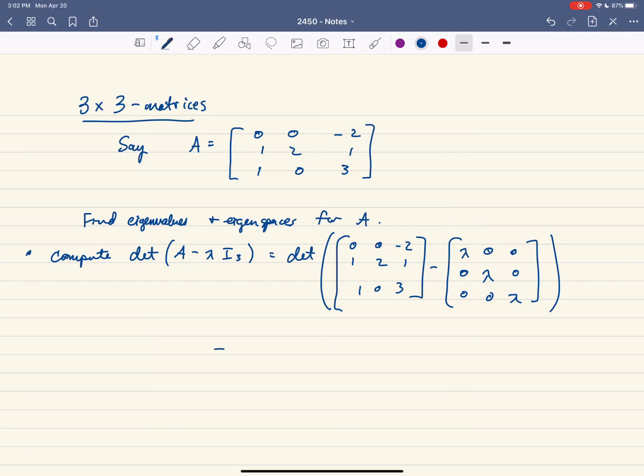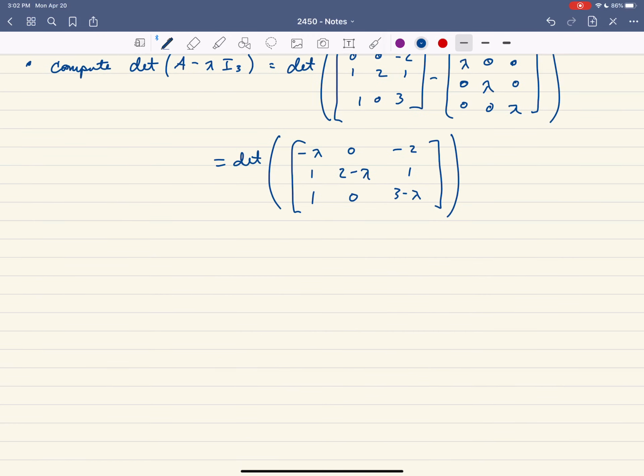If we compute this, this is the determinant of the matrix 0 minus lambda, 0, negative 2 minus 0, 1 minus 0, 2 minus lambda, 1 minus 0, 1 minus 0, 0 minus 0, 3 minus lambda.